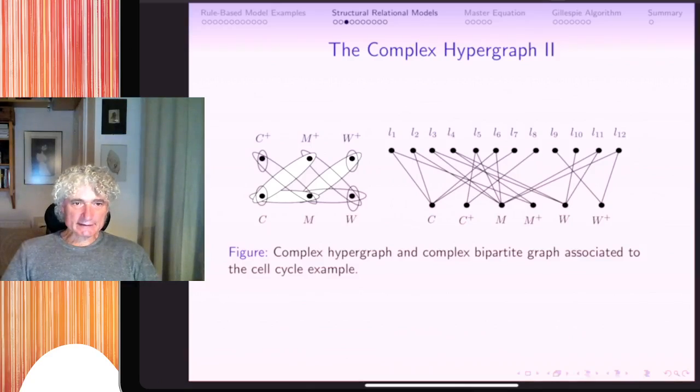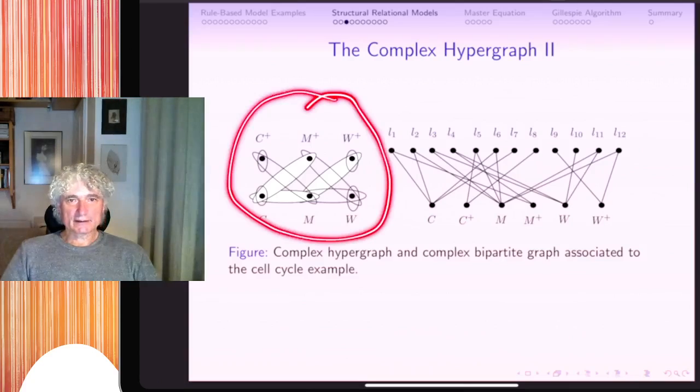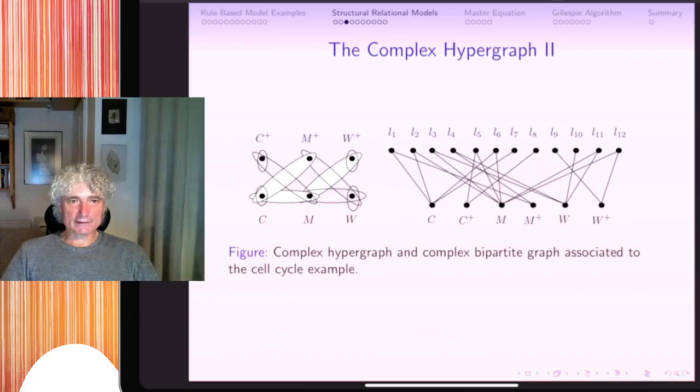So an interesting take-home message is that the complexes of all the rules which define a rule-based model form a hypergraph, and that is the form that you find for the cell cycle model, for example.